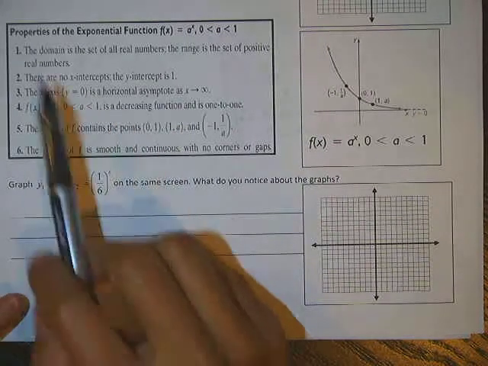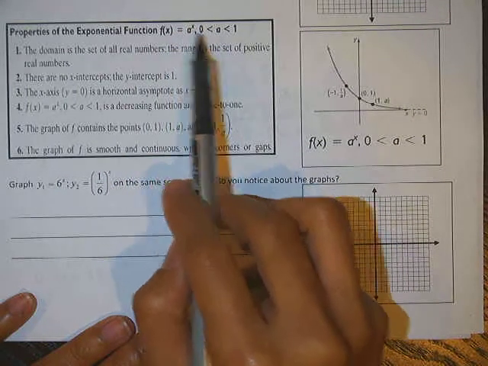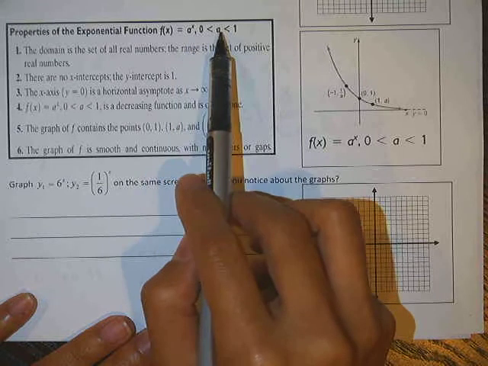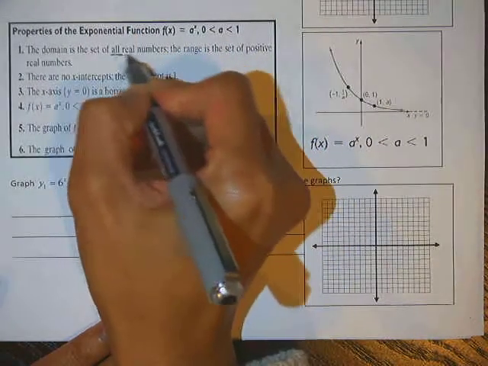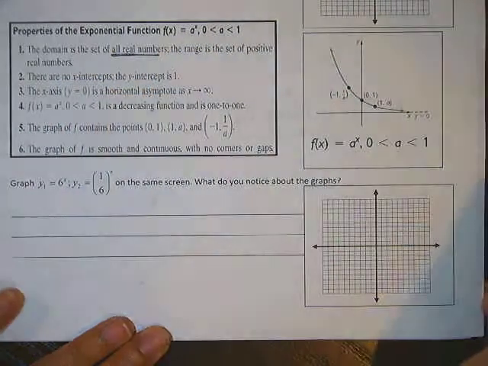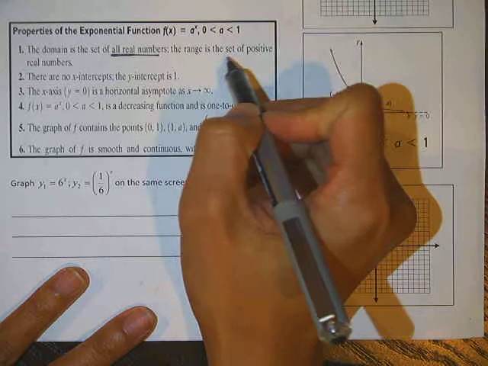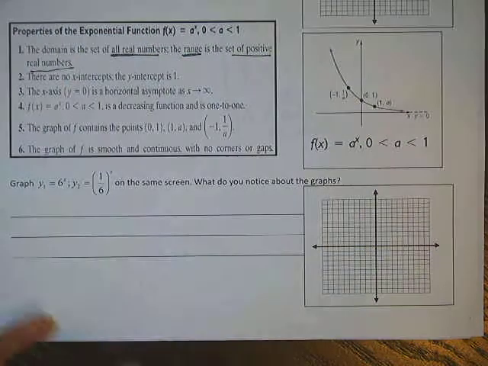This one says, properties of the exponential function f of x equals a to the x, where a is less than 1 but greater than 0. So it's still positive, just less than 1. The domain never changes; it's always all real numbers. The range is still positive, greater than 0.